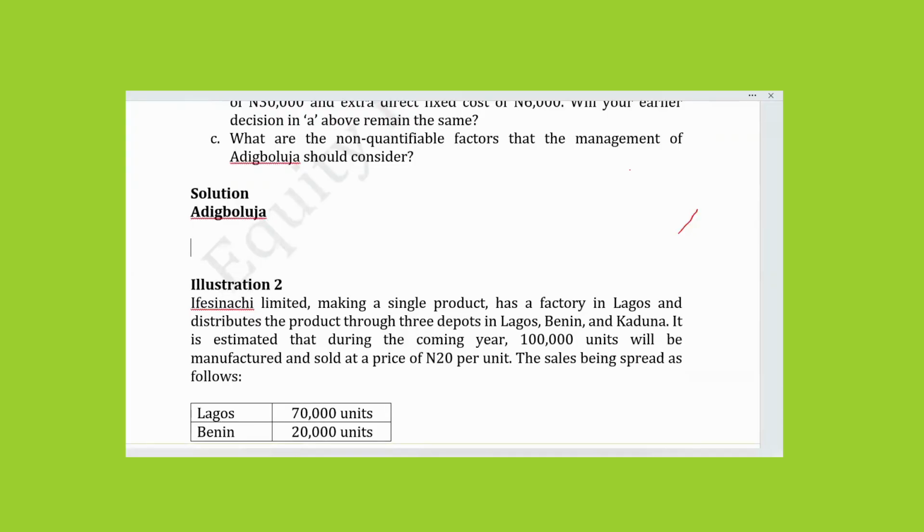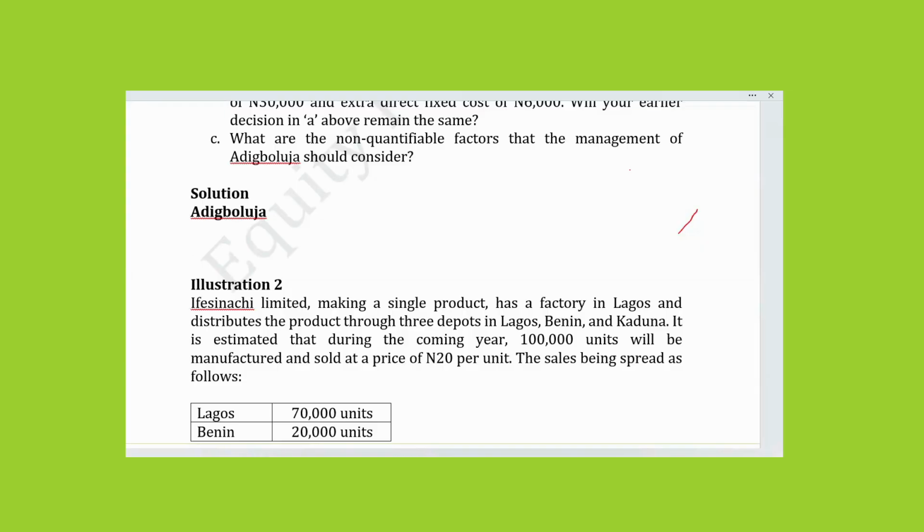Next, I told you that under deleting of a segment, there are 3 steps you are expected to carry out. The first step is to prepare income statements by comparing the sales value with the relevant cost of making the segment, whether it will produce a positive or negative contribution.